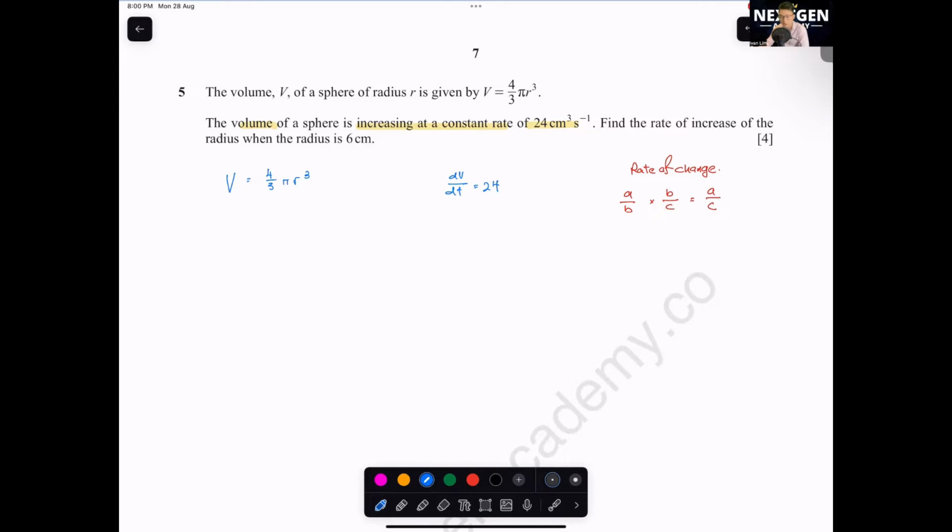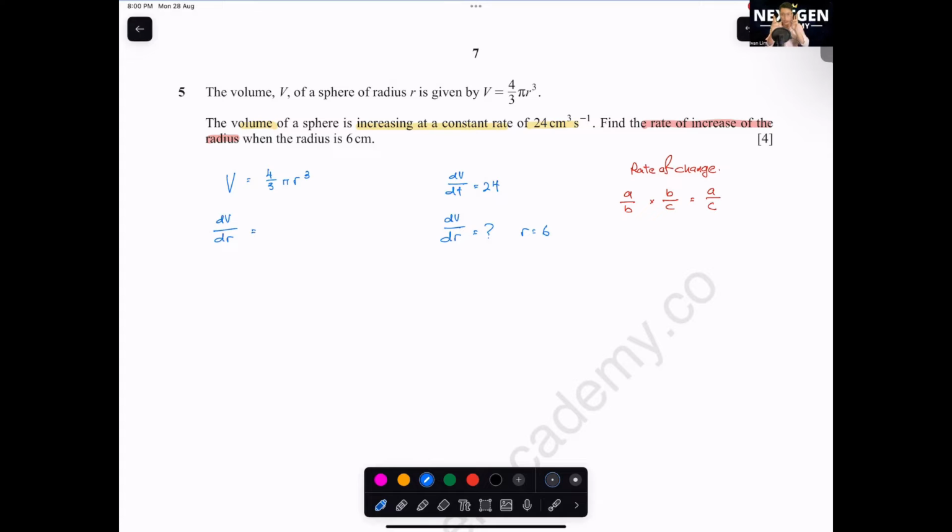Normally they will give you some sort of equation, which is this V. You go and differentiate it first. So you get dV over dr. Sorry, they say that what they want also. They want the rate of increase of the radius, so we need dV over dr when r is equals to 6.